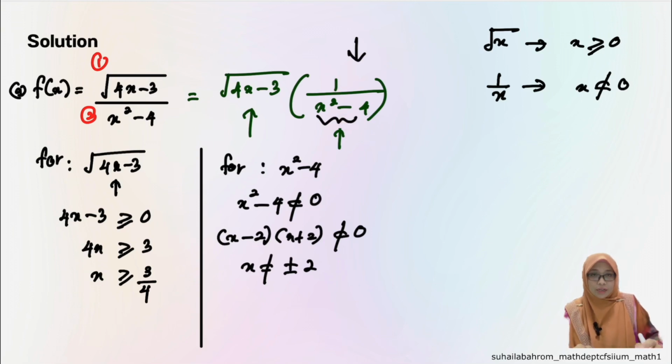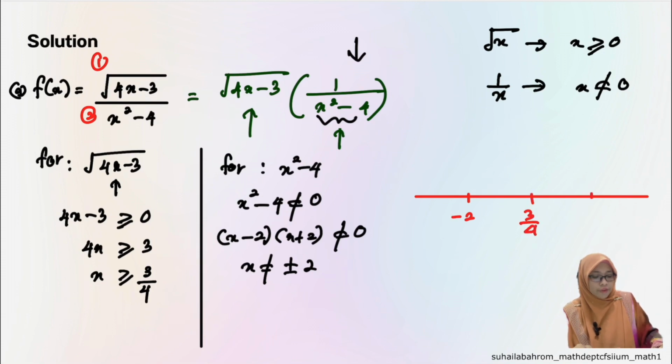So the final domain is the combination of those two domains. You have to combine everything. The values we have are negative 2, then 3 over 4, and then 2. The domain for the first term is 3 over 4 until infinity, for the square root of 4x minus 3. Bigger than or equal to, so that's why it is on the right side.